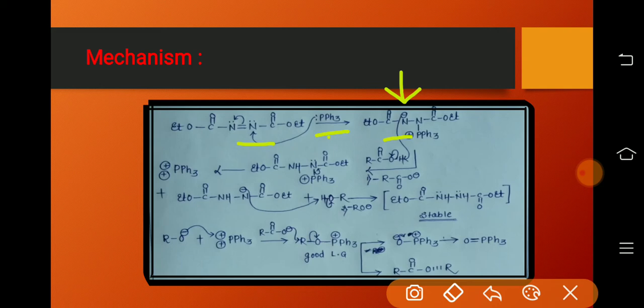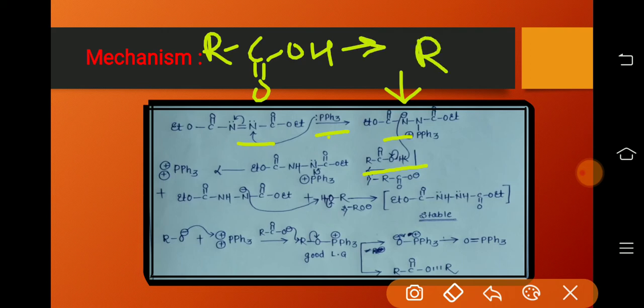In the reaction we have a weak nucleophile that contains an acidic proton, the carboxylic acid, and after removal of this proton we get the weak conjugate base of the carboxylic acid.